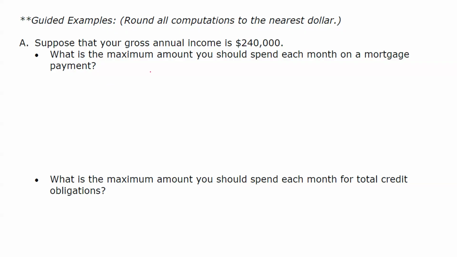So first, we know this is our annual. We want to find our monthly gross income. So to find the monthly gross income, we will take our annual income and divide it by 12. Which equals $20,000. It's pretty nice.